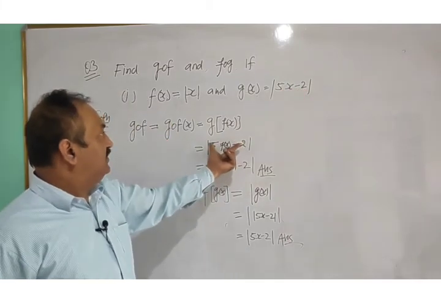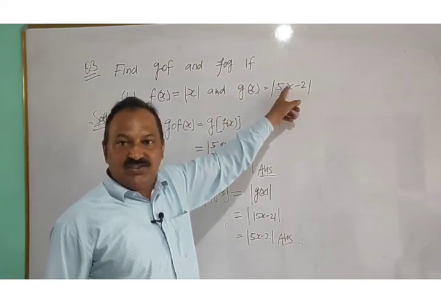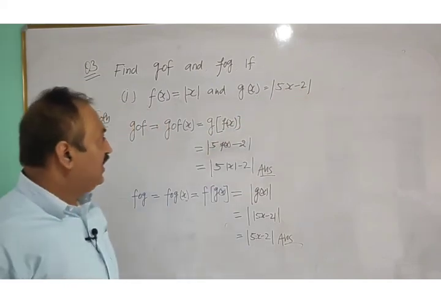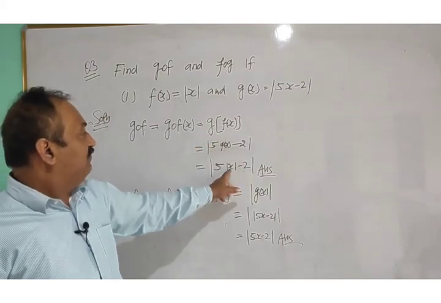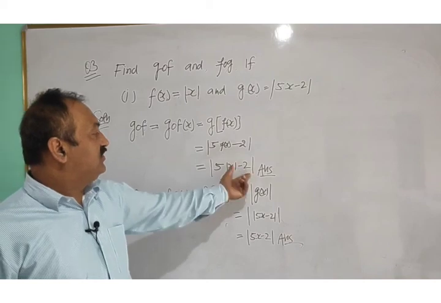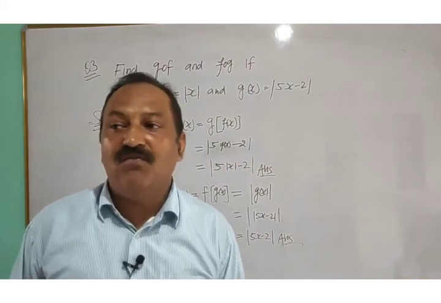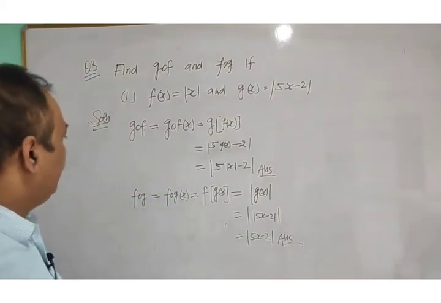So this is the value of g of f(x), modulus of (5 into f(x) minus 2). Again at last, substituting the value of f(x), we get modulus of (5 into modulus of x minus 2). That is the value of the composite function gof.